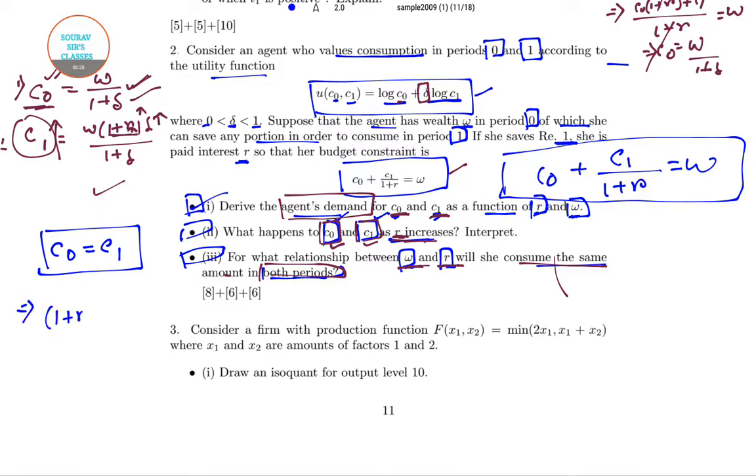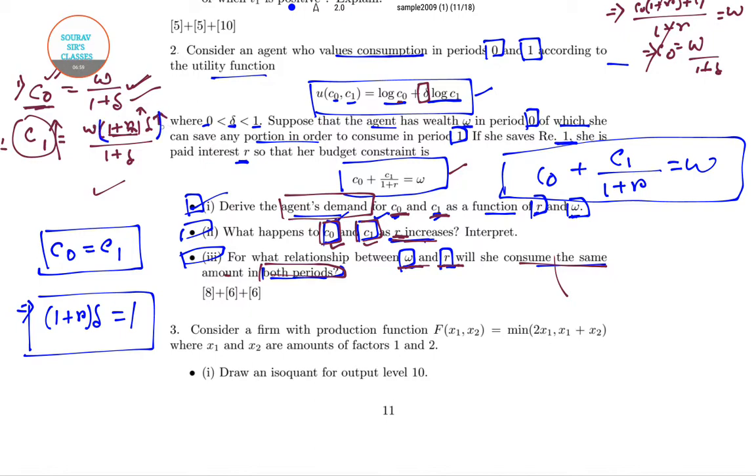When (1+r) times delta is equal to 1. What happens when (1+r) times delta is equal to 1? She will consume the same amount in both periods. Why?